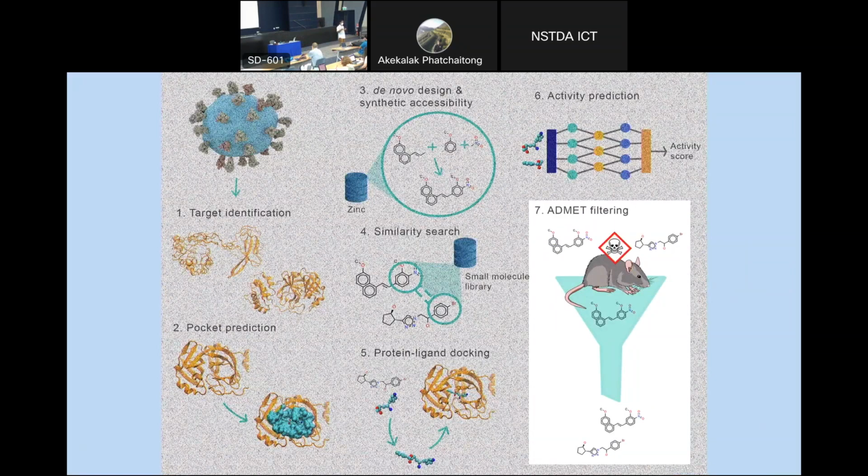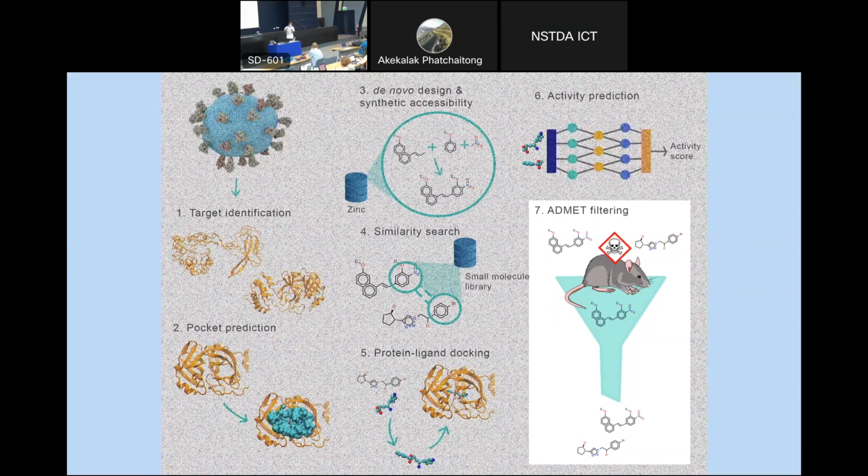It takes a lot of money to go to clinical trial, so if your toxicity fails, you have to start back again. So we have another area we are working on: can we filter some of the obvious toxic molecules from our list? That's the last part of our pipeline.